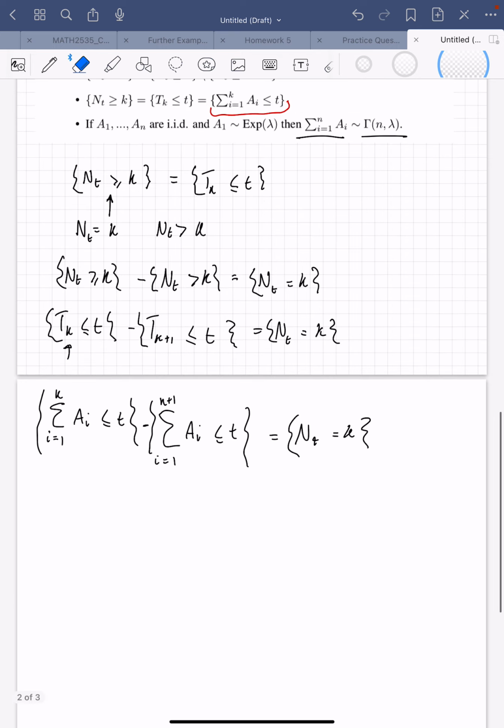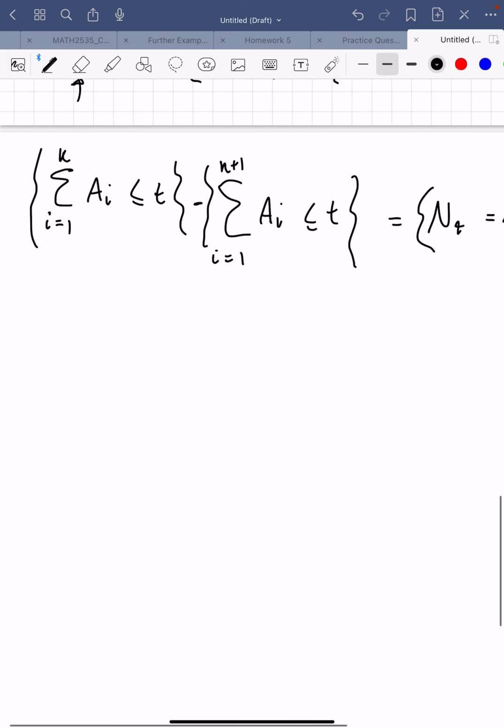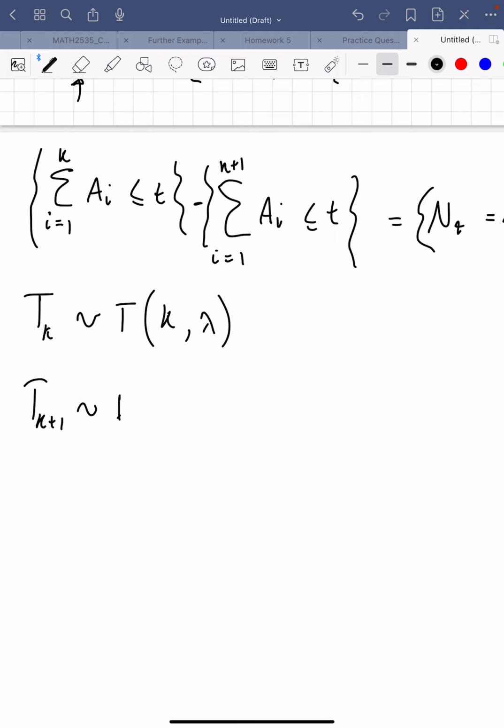So we can say that T_k is distributed with a gamma distribution of k and lambda, and T_{k+1} is also distributed with k plus 1 and lambda.